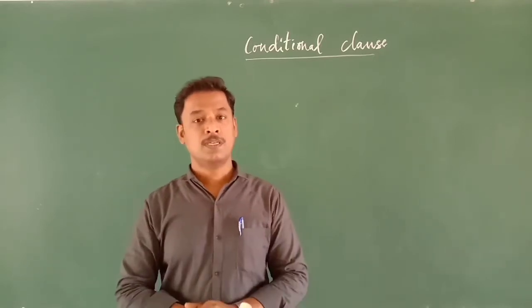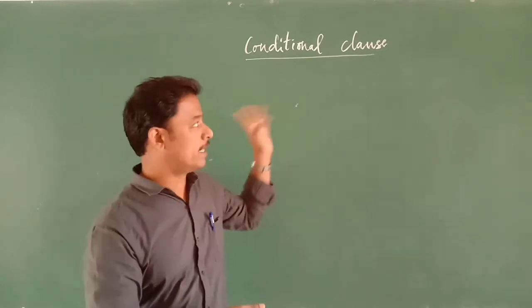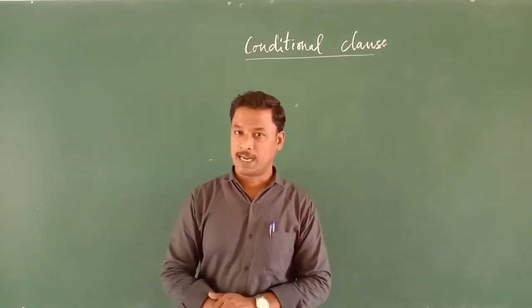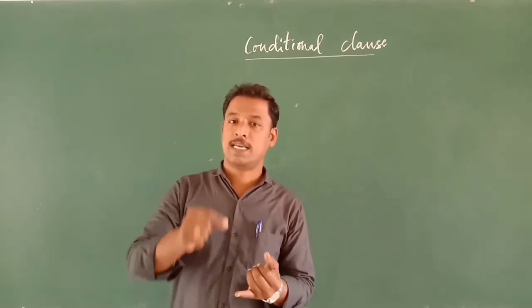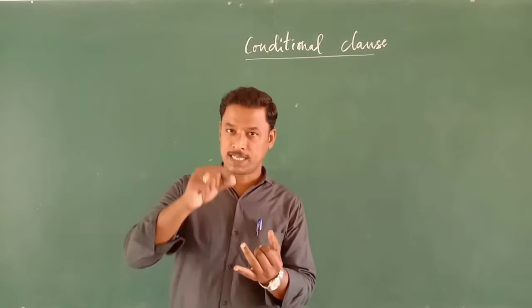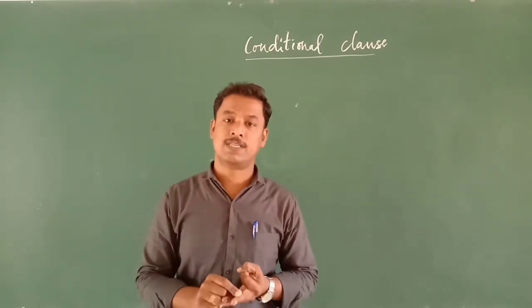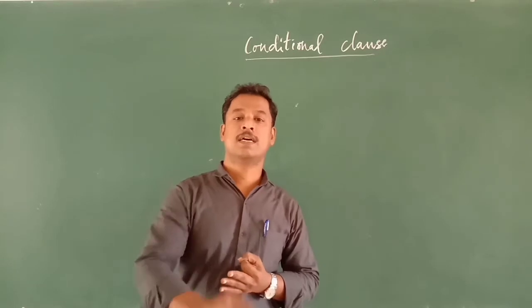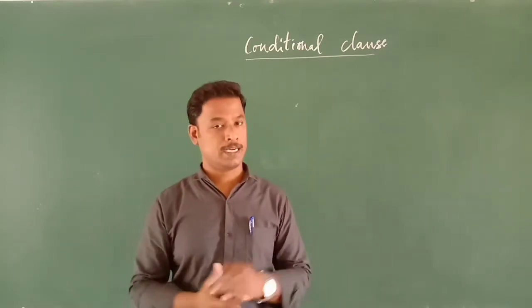Okay, so this type of clause is called a conditional clause. A conditional clause is nothing but a clause which has a condition, or a rule, or a necessary situation. That situation must face a positive result or a negative result.